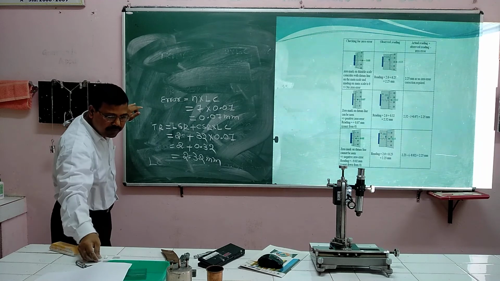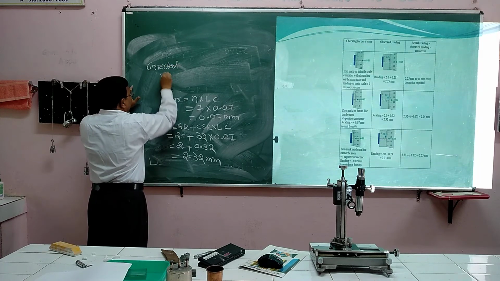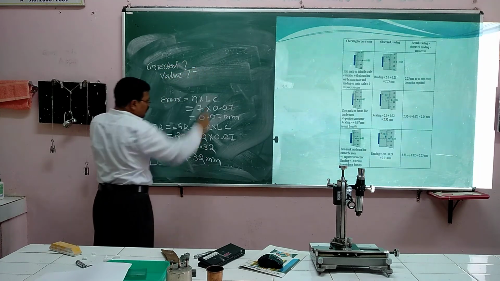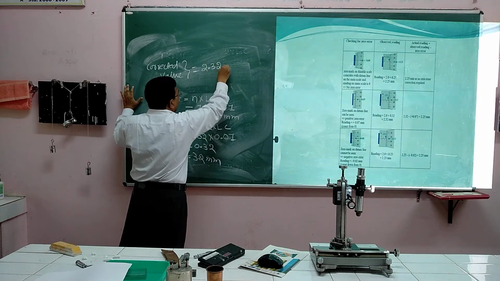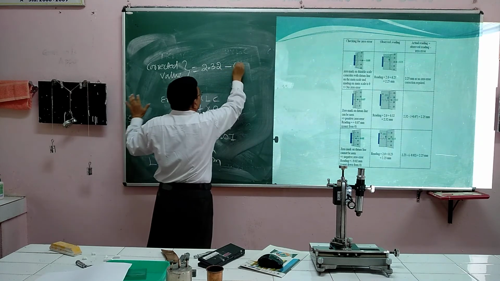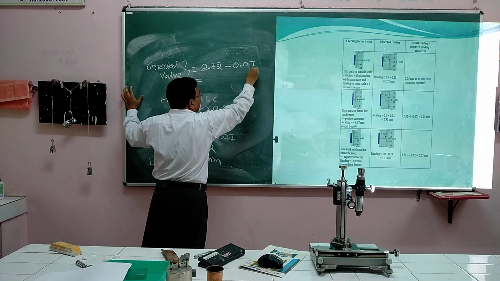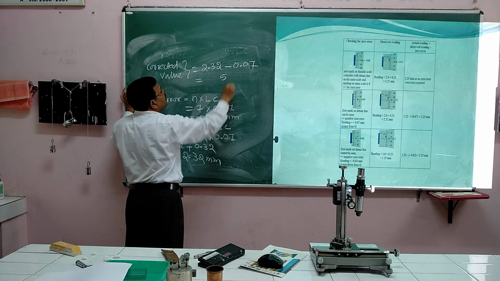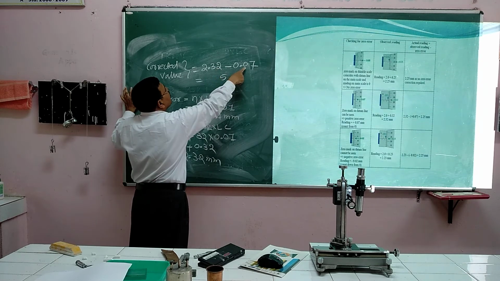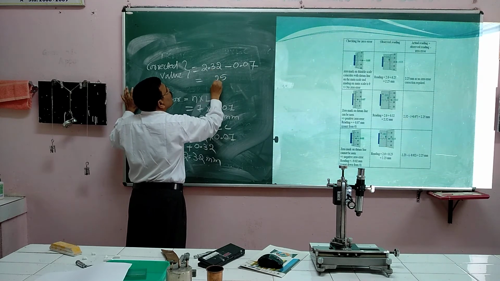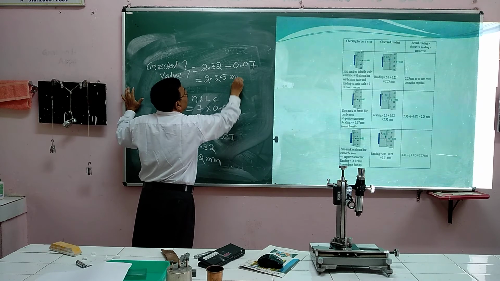The corrected value is equal to 2.32 minus the error 0.07. 12 minus 7, 5. Then 3 minus 1, 2. Then 2 minus 0. So it is 2.25.